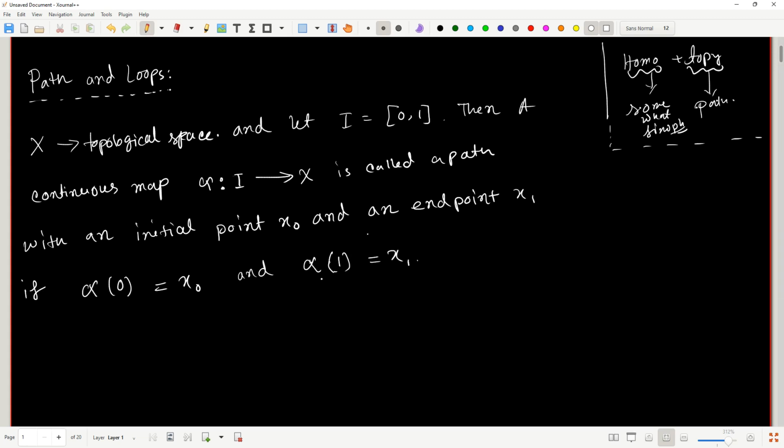So how does this definition look like? Well, this is my interval, let's say 0 to 1, or maybe I should draw this in a vertical manner so that it's easier to do.